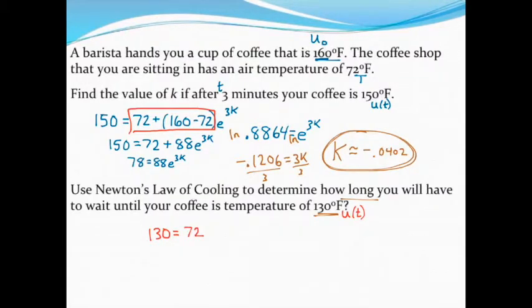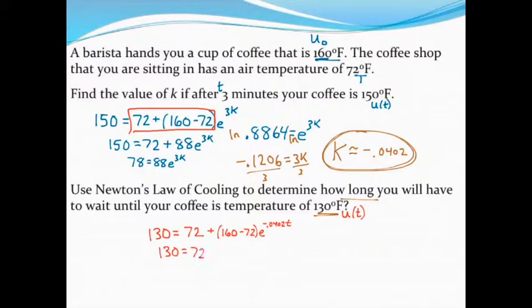The air temperature is still 72. The initial temperature of the cup of coffee is still 160 when I'm handed it. And then I'm going to do that times E raised to my constant, so negative 0.0402, and then times lowercase t for the time. So let's go ahead again and simplify what we can and then solve this to figure out the time.